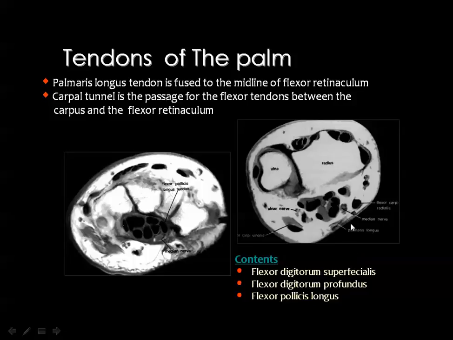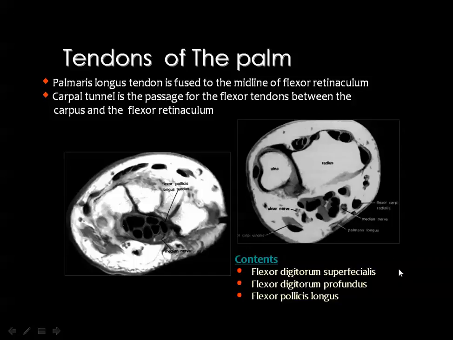And you identify the median nerve. Then immediately dorsal to the median nerve, go like this, and this is the tendon of the flexor pollicis longus. Then on the ulnar side, you will see the flexor carpi ulnaris. On the radial side, you will see the flexor carpi radialis. These are the flexor tendons.